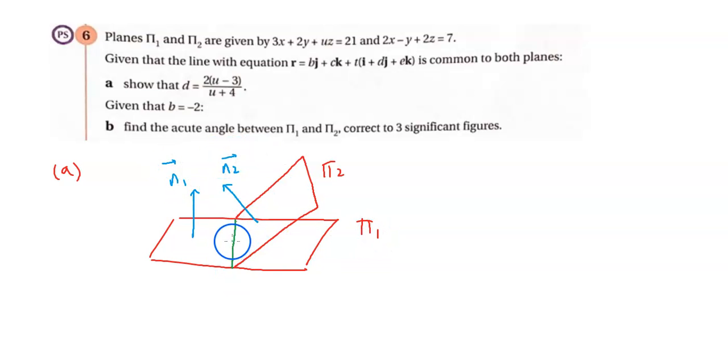Then this line, which is on the intersection of both planes, must also be perpendicular to both normals. So if this is the direction vector of the line, B, then we know B is a vector that is orthogonal to n1 and n2.